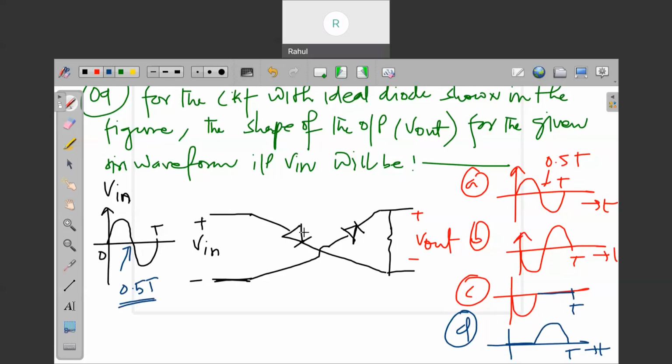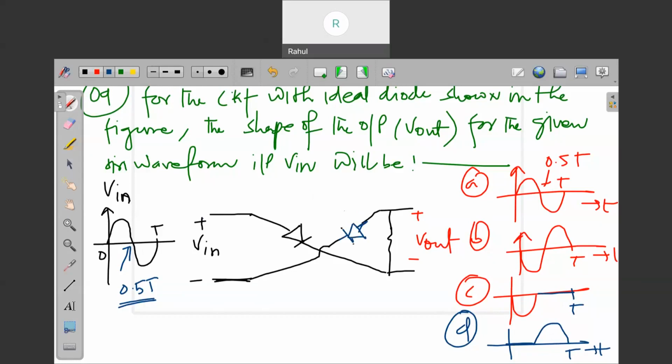Let me check whether the diodes are connected like this only. Please correct that, because this diode is not pointing toward output. This diode is pointing toward input only.